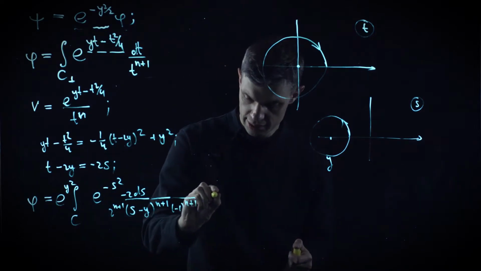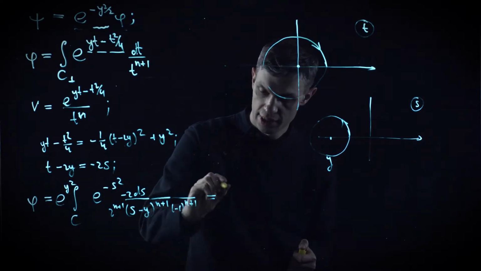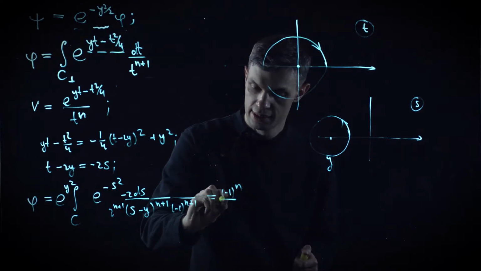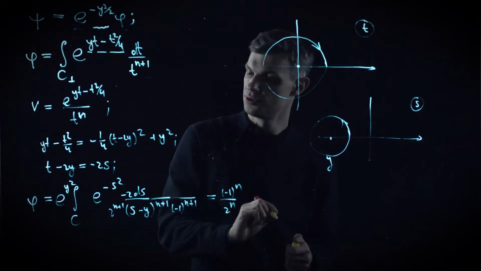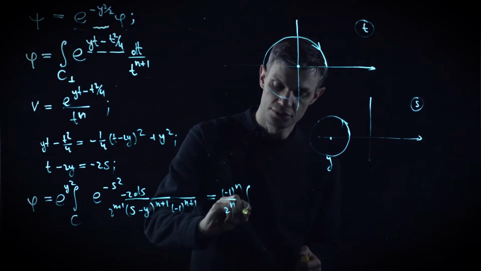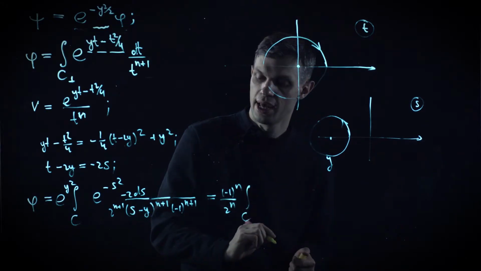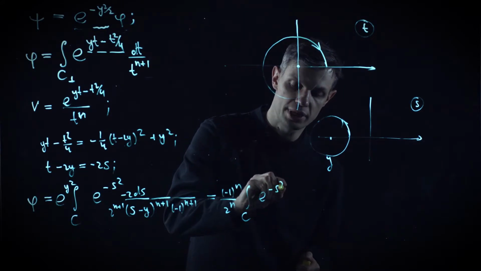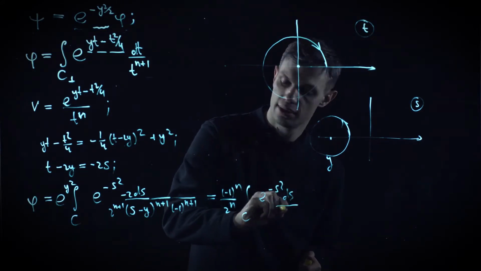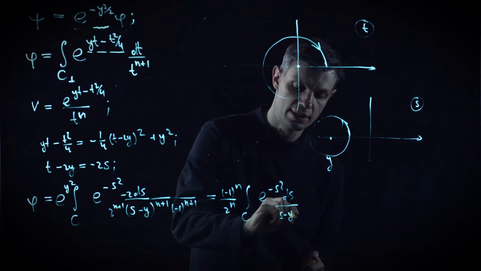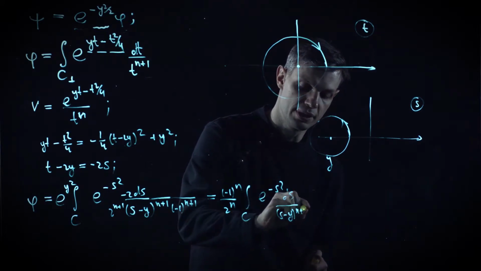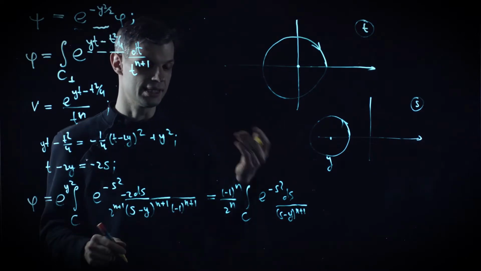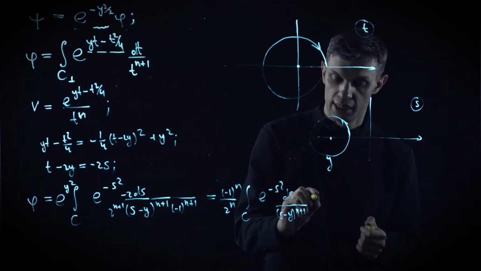So in the end, we'll have a -1 to n divided by 2 to n, and the closed contour integral around point s equals y, e to minus s squared ds over s minus y to n+1. And let's hope that this solution will give us the bounded answer.